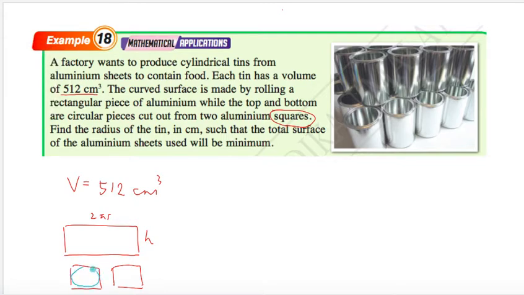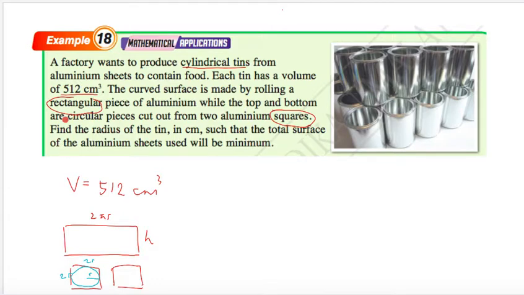To make a circle, here is a radius. So if here is one r, here is another r. So here becomes 2r, here also 2r. That means you're using a 2r by 2r square, and also the 2 pi r by h rectangle. Use all of this to produce the cylinder tins.